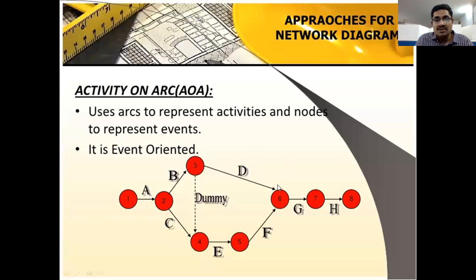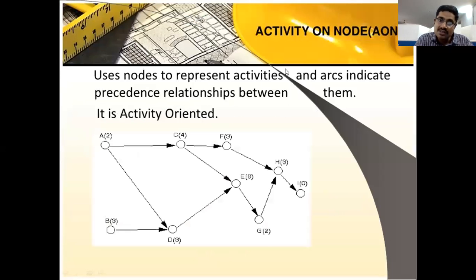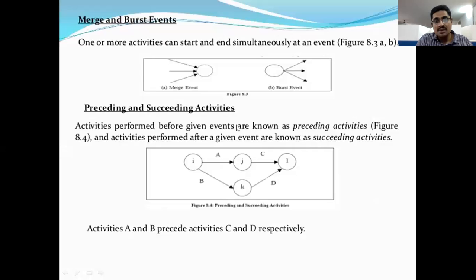Right? So these are a few diagrams. Activity on arc: just put the name of the activity on the arrow, that is called activity on arc. But putting the name on the node is called activity on node. Next, already we discussed merge events and burst events.